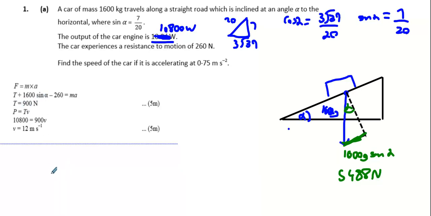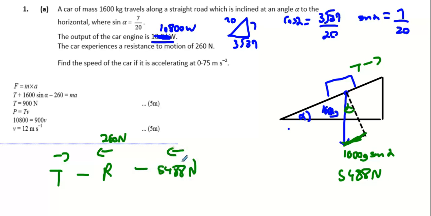So it's going to be your traction, which is your force powering up the slope. So your T value, and that's being opposed by your resistance, which they said is 260 in the opposite direction. And then we also have our 5,488 newtons resisting it downhill.